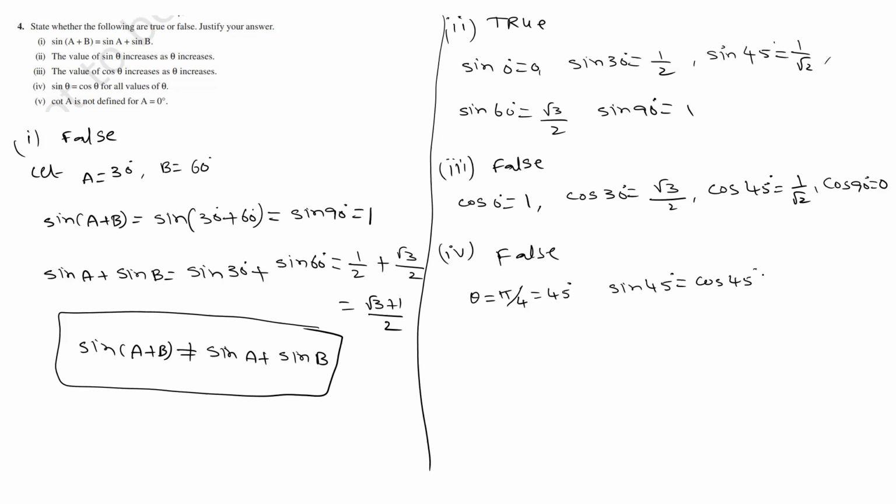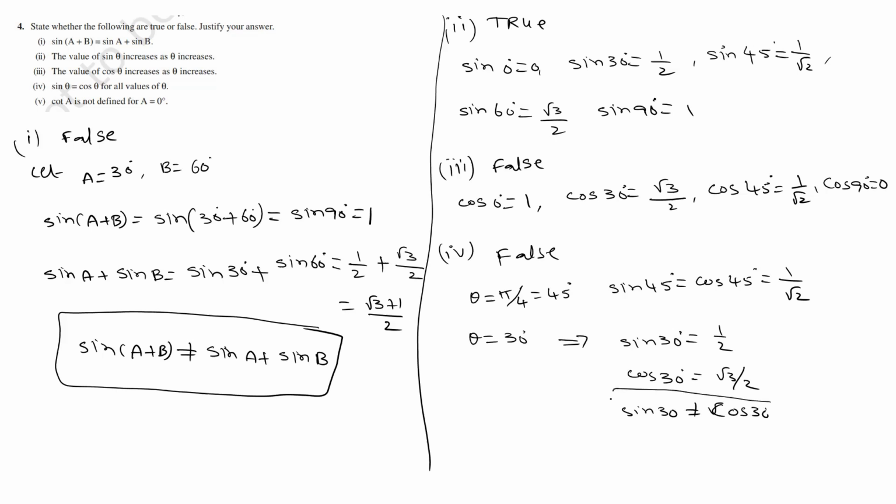Both the values are equal to 1 by root 2. For theta equal to 30 degrees, sine 30 is equal to 1 by 2 and cos 30 is equal to root 3 by 2. So sine 30 is not equal to cos 30. For all values it is not possible here.